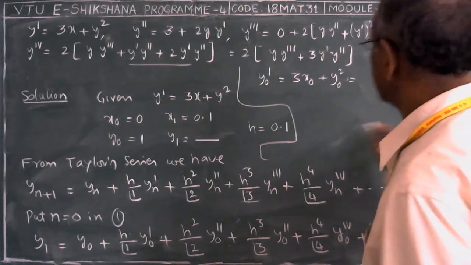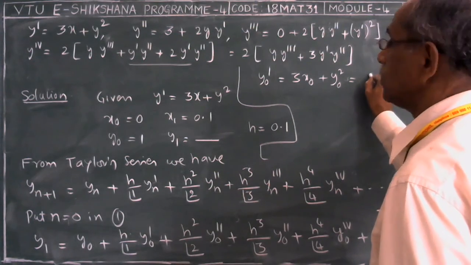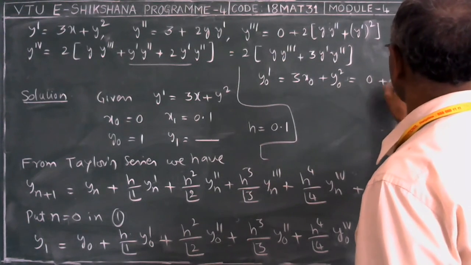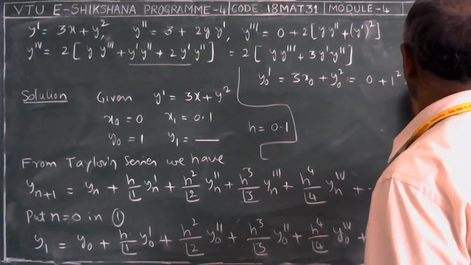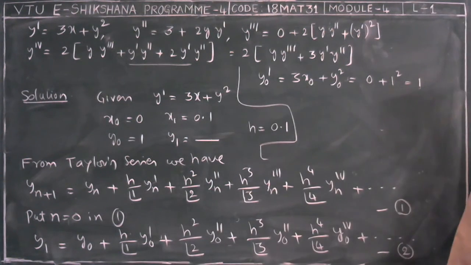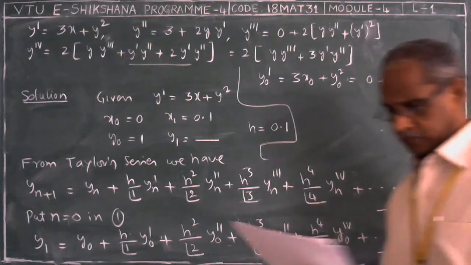So x naught is 0, so the first term is 0, plus y naught square is 1, so 0 plus 1 is 1. So y naught dash is equal to 1.